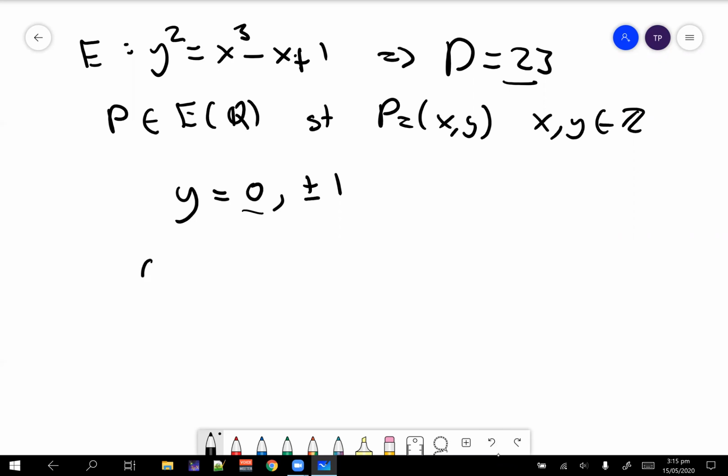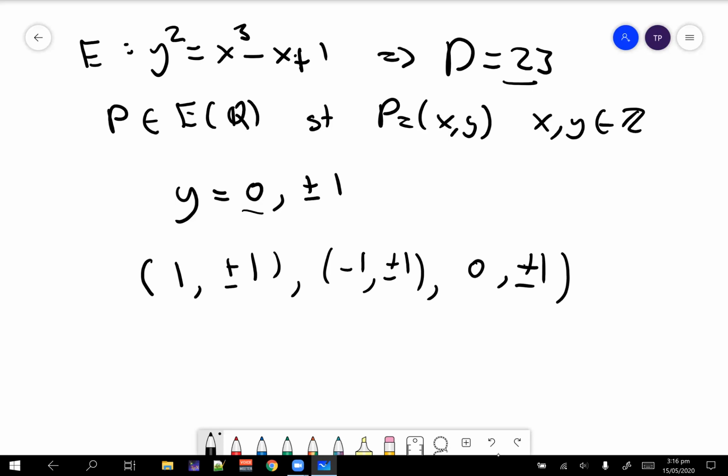So we have the points. If we solve 1 equals x cubed minus x plus 1, then we get x cubed minus x equals 0, and we get the points 1 comma plus or minus 1, negative 1 comma plus or minus 1, and 0 comma plus or minus 1.